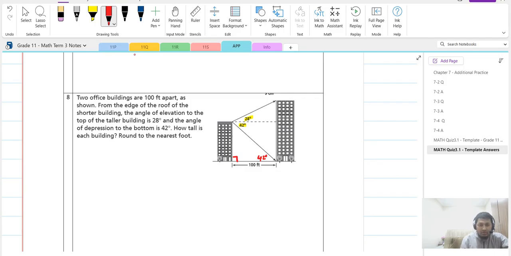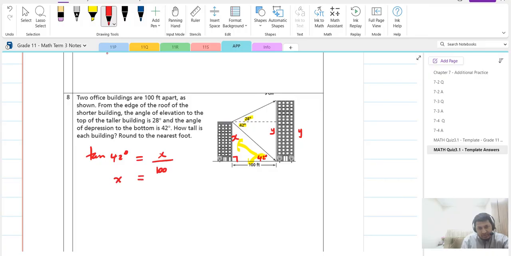How tall is each building? So remember, we want this. Let's make the smaller building equal to x and the bigger building equal to y. That's the length we want to find. So we can put x here and the same distance across, so that's y. Now how will we find x? Remember, we have adjacent and we have opposite. Opposite and adjacent makes tan, so we'll say tan 42 is equal to opposite, which is x, over 100.